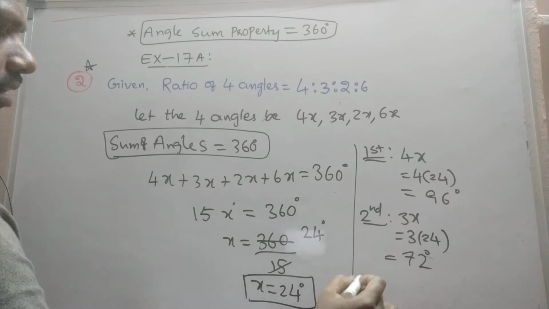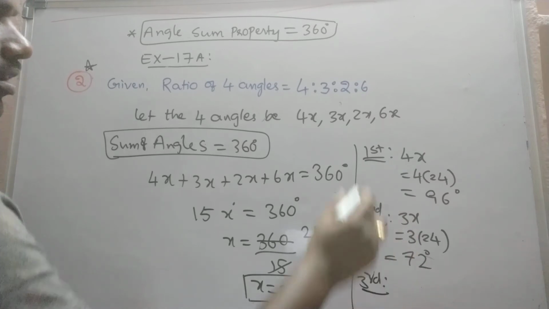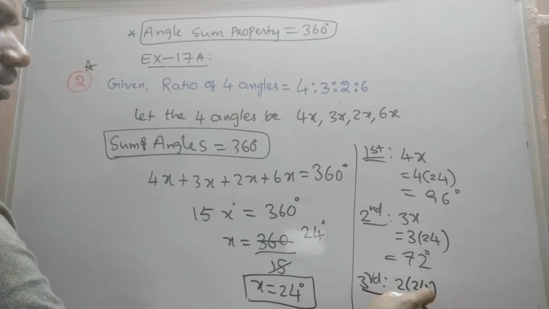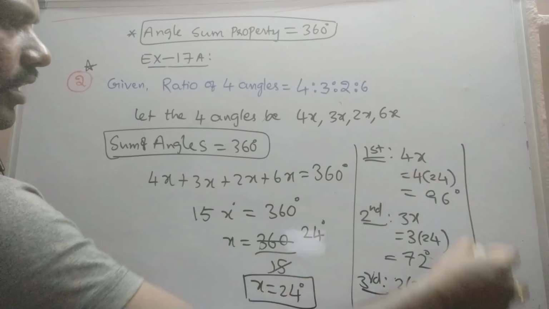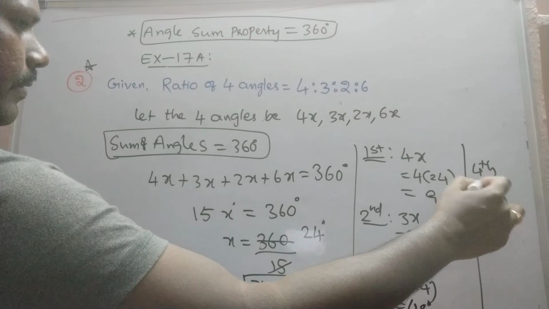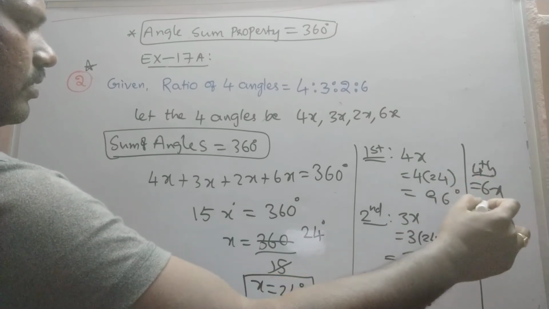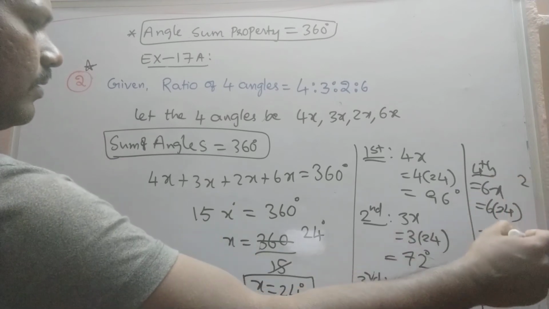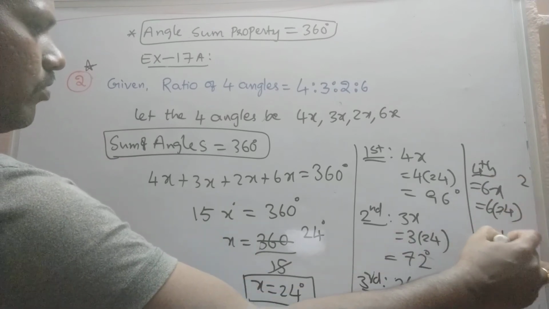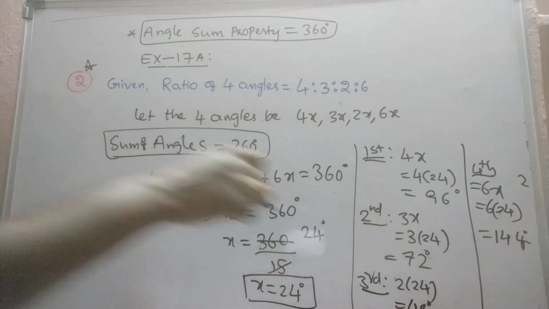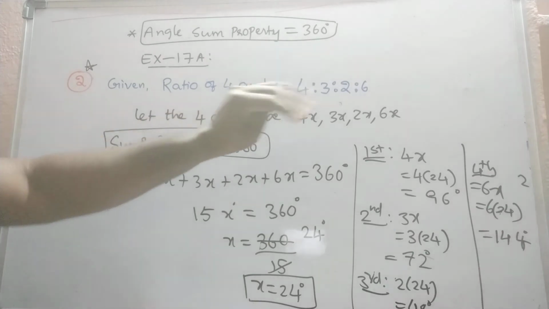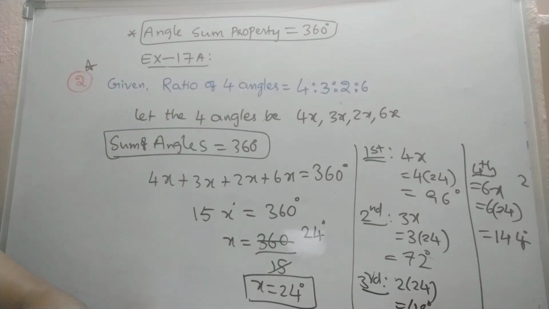And the third angle will be 2x, so 2 into 24, which is equal to 48. And the fourth angle is equal to 6x. So 6 into 24, 6 4s are 24, 2 carry, 6 2s are 12, 14, 144 degrees. So like this we will calculate all the 4 angles of a quadrilateral when the ratio of the 4 angles are given. Okay, important question.